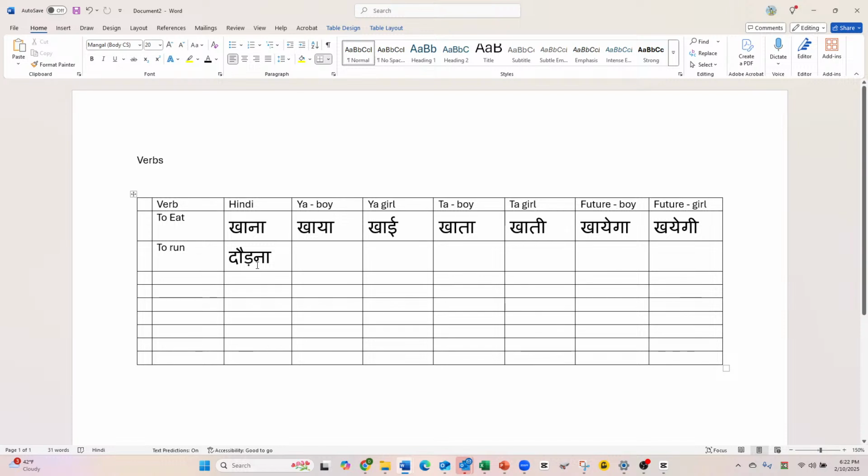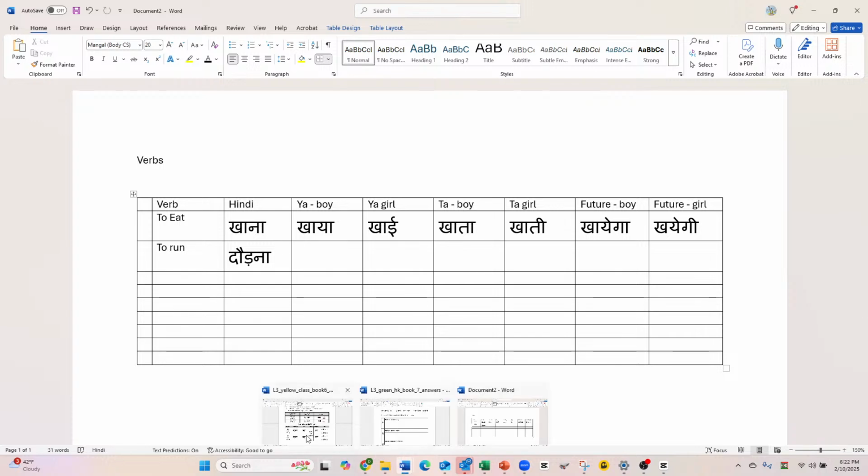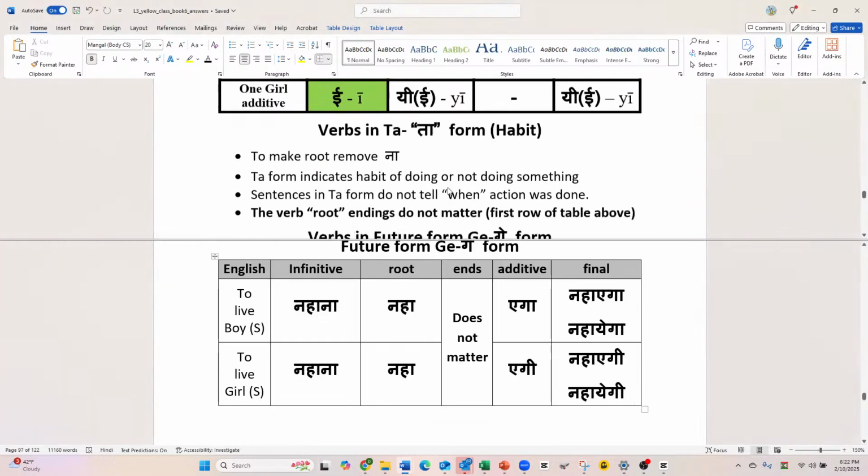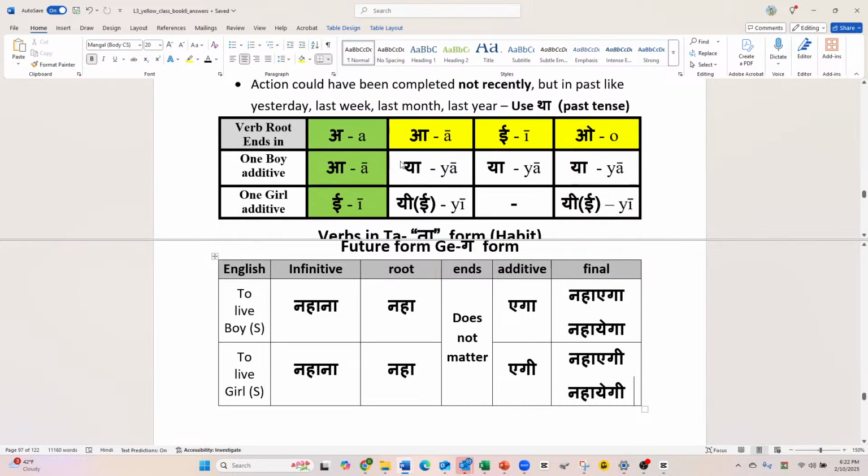दौड़. Dord. Now let's go back. If the root is Dord, which sound does Dord end in? Does it end in a? Does it end in e? Does it end in o? None.